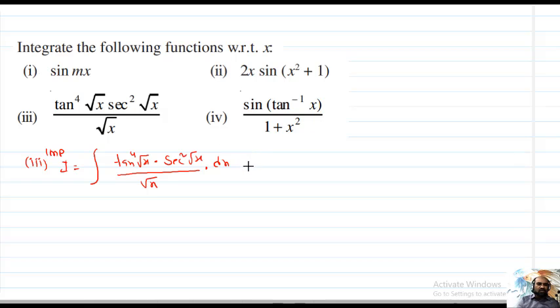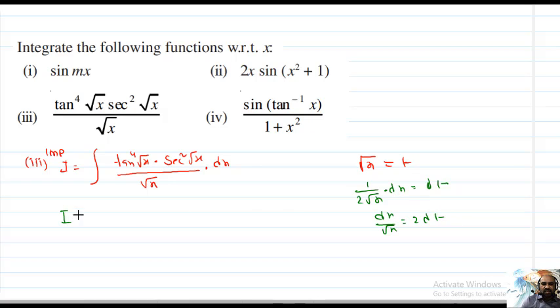Okay, students, what should we substitute? The interesting thing is, let root x equal to t. Differentiating, 1 by 2 root x into dx equals dt, or dx by root x equals 2 dt.